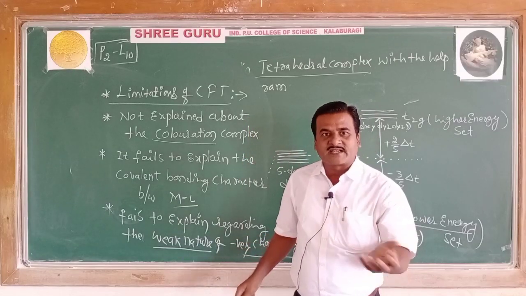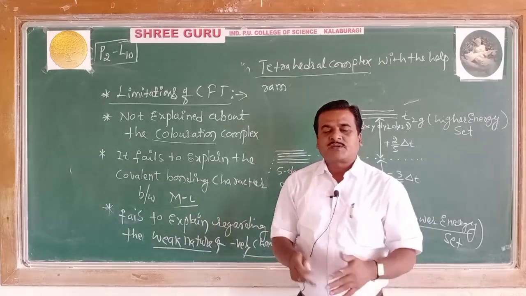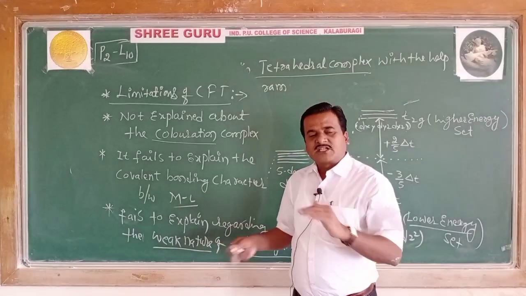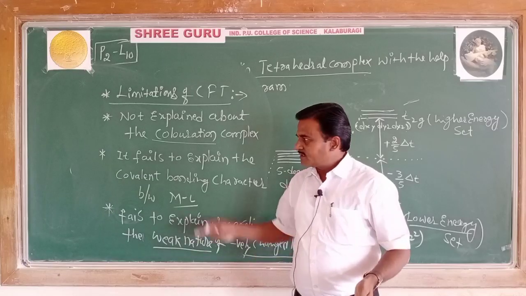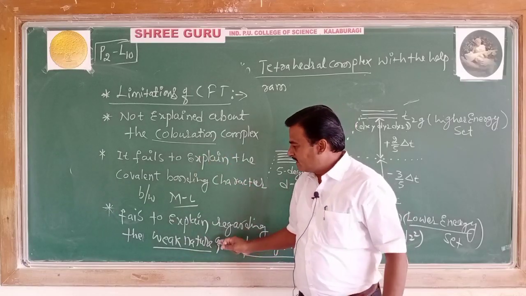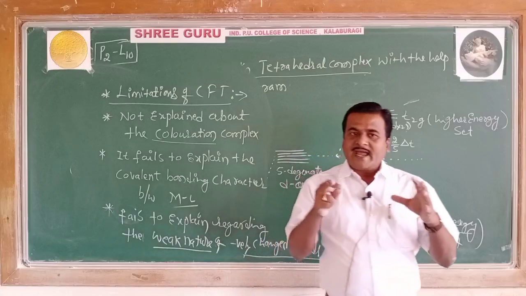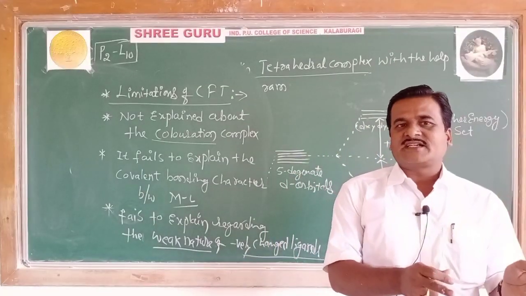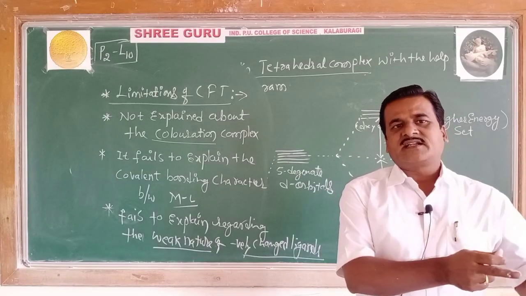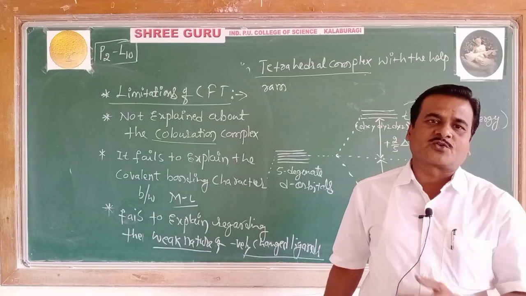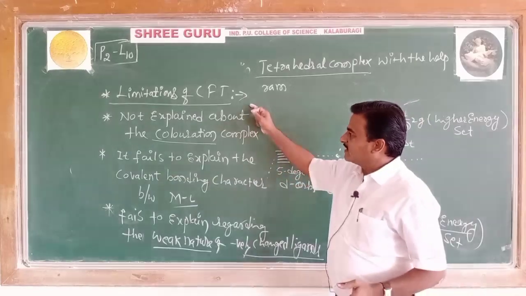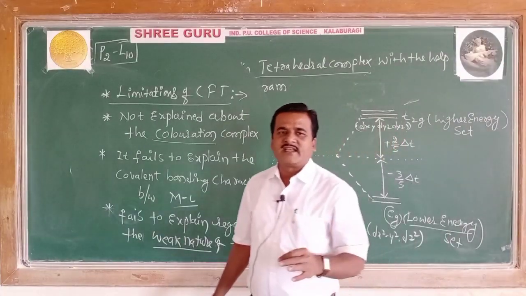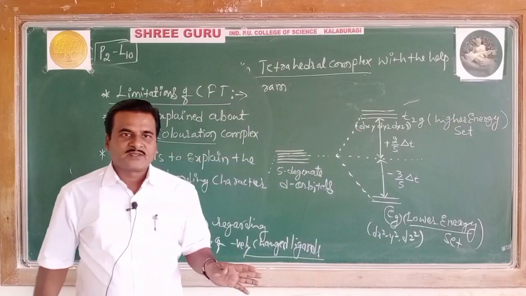Crystal field splitting energy must be a higher value, but that was not seen in the octahedral as well as tetrahedral complexes. That's why they act like weak ligands. The anions were considered weak ligands, and as a result they were placed at the left end of the spectrochemical series. So these are the three limitations of crystal field theory.